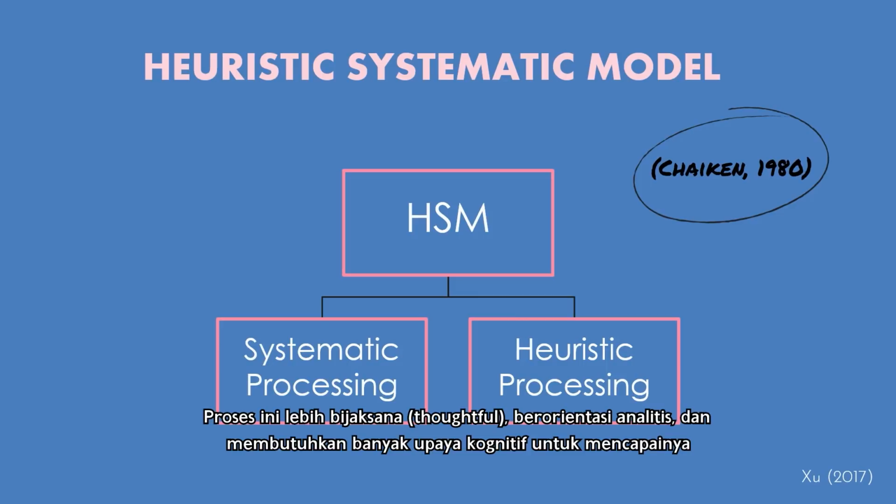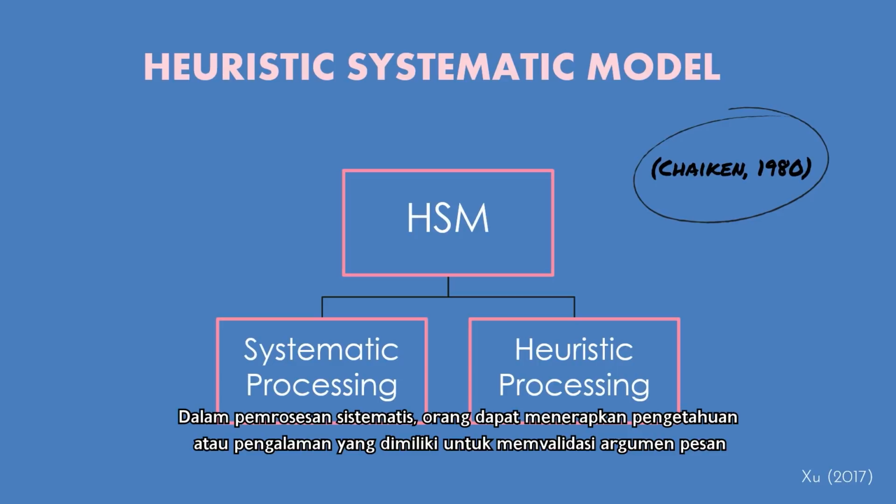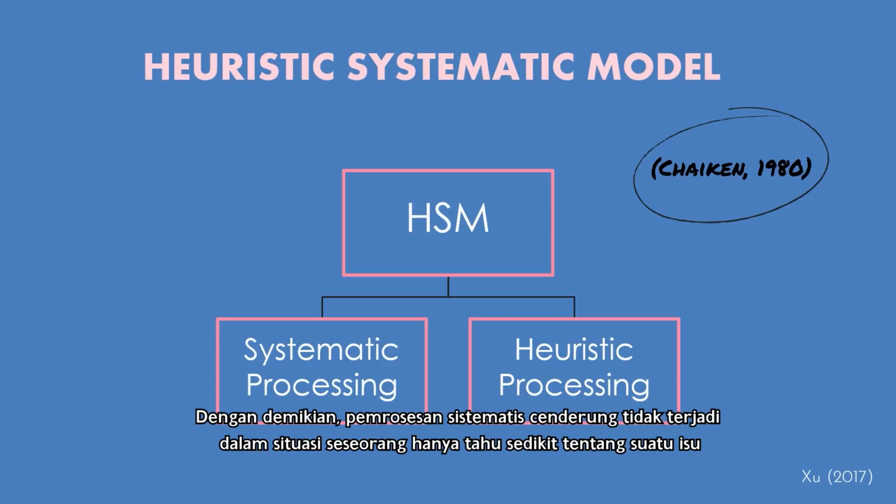It is more thoughtful, analytically oriented, and requires ample cognitive effort to achieve. In systematic processing, people may apply their existing knowledge or prior experience to validate the message argument. Systematic processing is less likely to happen in situations in which a person knows little about an issue.